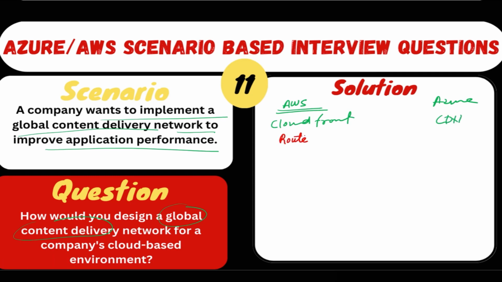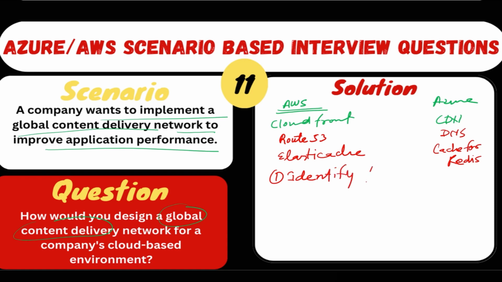So our first step in designing a global content delivery network is to identify the company's application performance requirements and expected traffic pattern. Then we will use the services called AWS CloudFront or Azure Content Delivery Network to distribute content across multiple edge locations for low latency and high throughput delivery. What are edge locations? An edge location is something near to the end user.